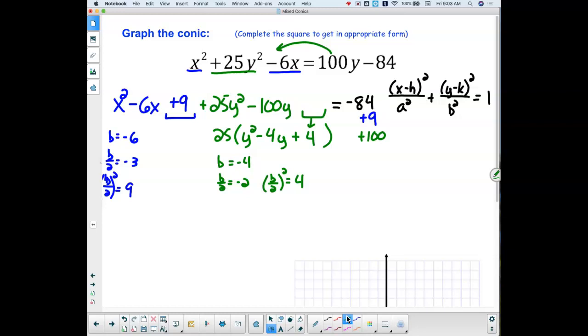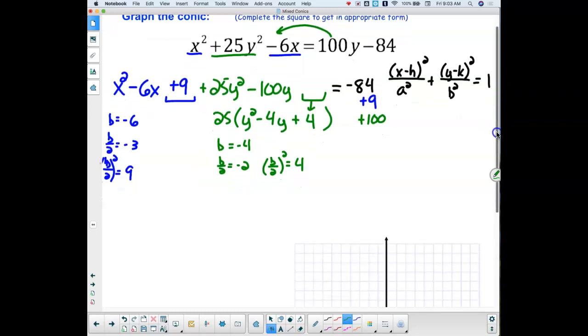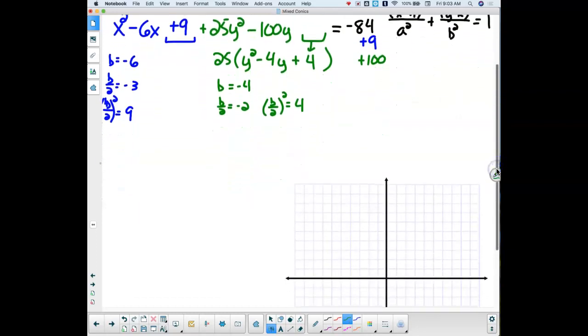Okay? So now, let me come down to here, and let me rewrite this, because now the blue factors to be x minus 3 quantity squared, right? The green factors to be plus 25 times y minus 2 quantity squared.